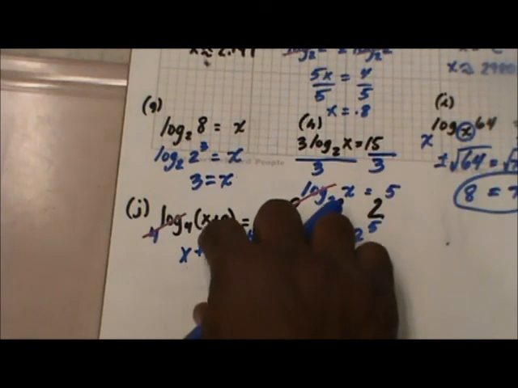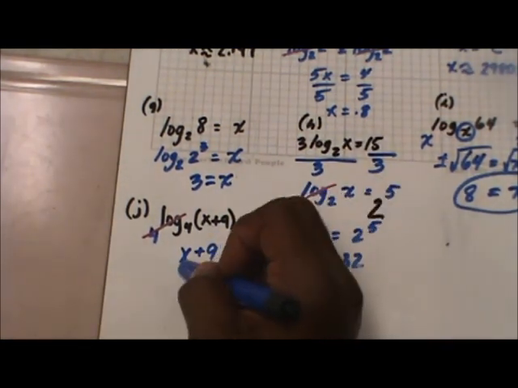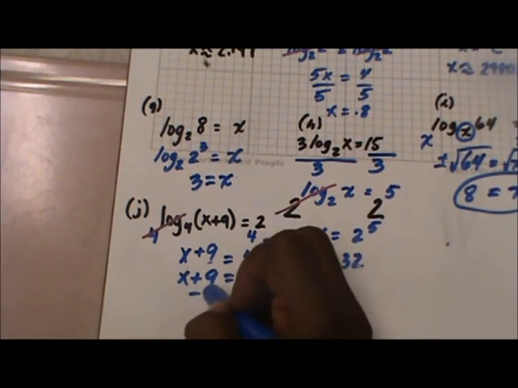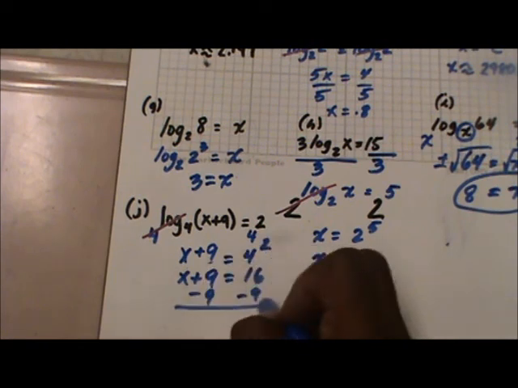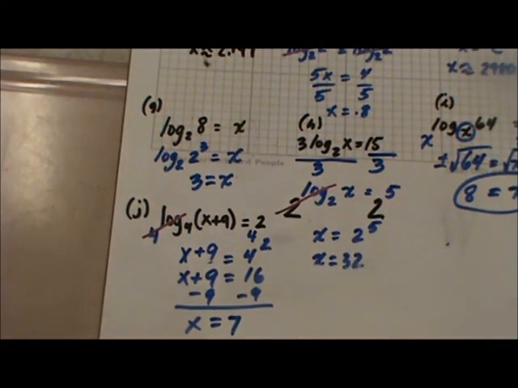And that is a 9, sorry if you can't really see that. 4 squared is equal to 16. Subtract 9 from both sides, and x is equal to 7. And I think that's it.